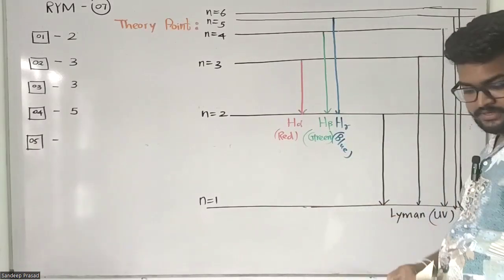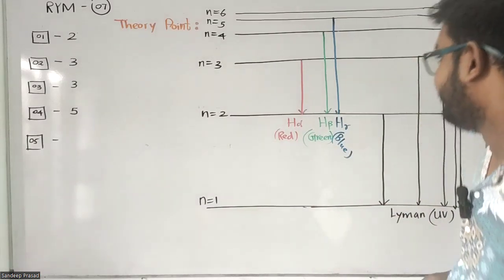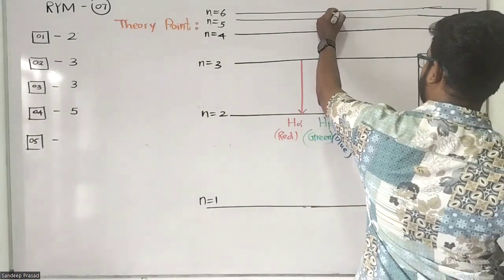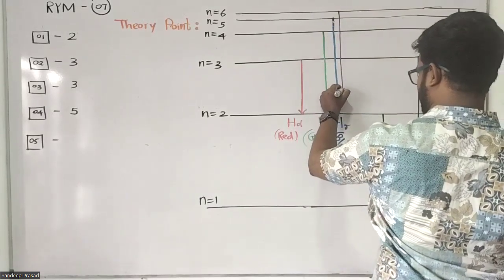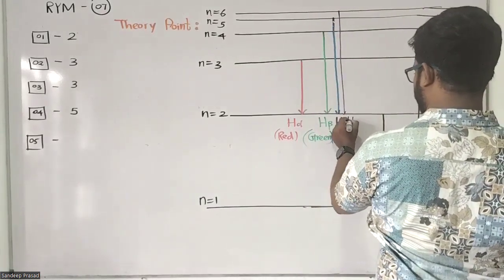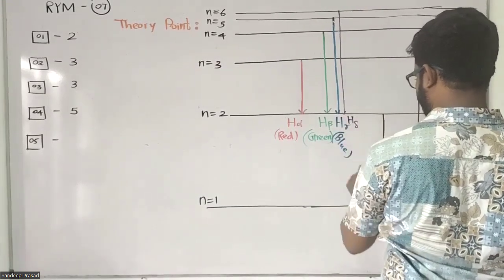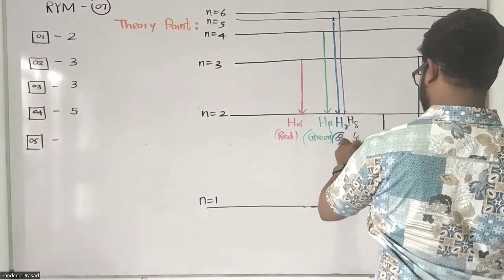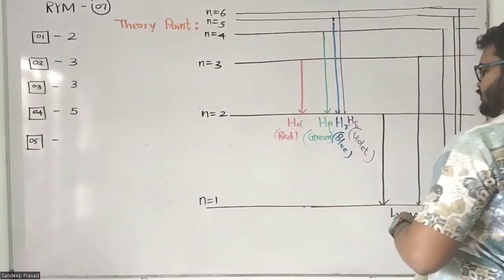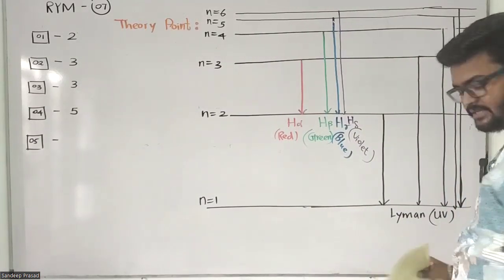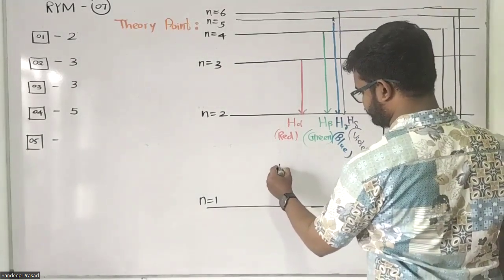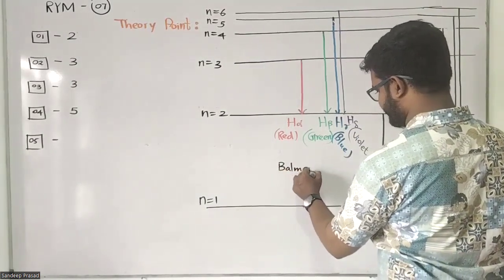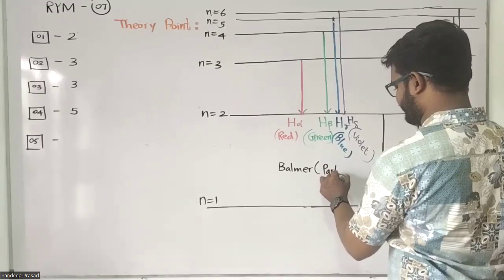And the last line that we can see in the Balmer series is violet to purple color, H delta, right? So this is the Balmer series. So we can say that the Balmer series is partly visible light region.